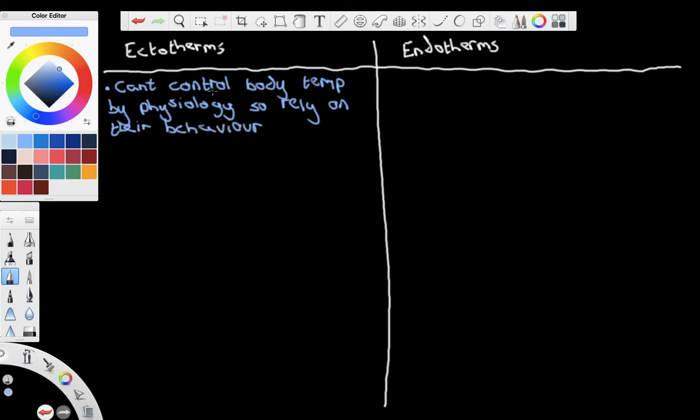so they rely on moving from hot to cold areas, whereas endotherms control their body temperature by physiological means and behavioral.